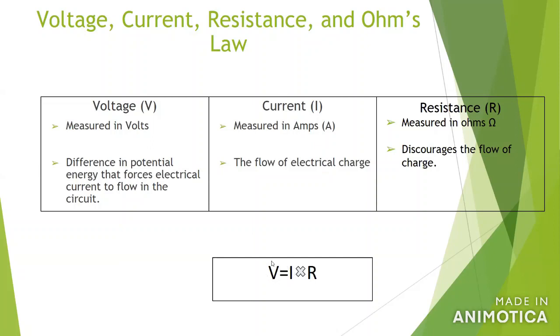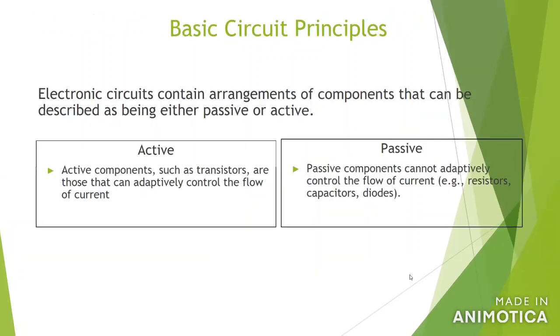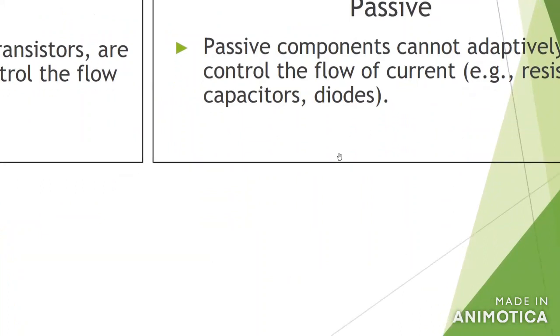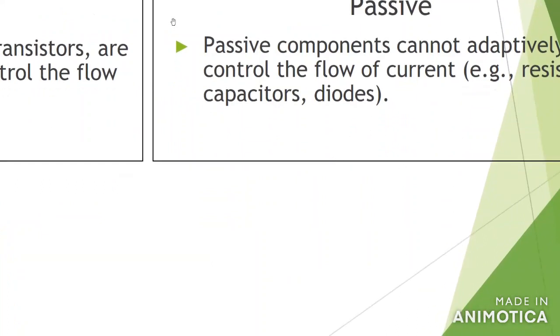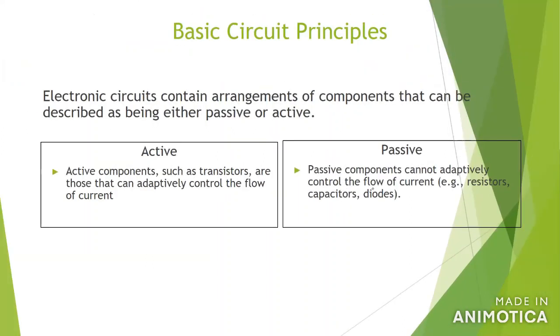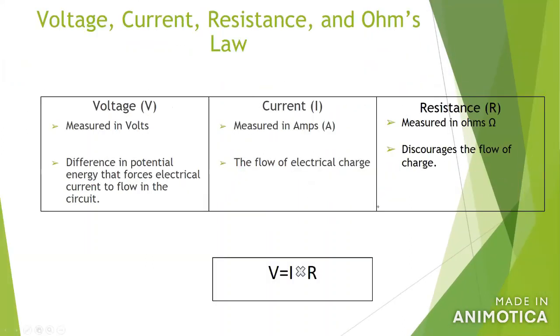For example, if you know the voltage and the resistance and you want to figure out the current, you use I = V / R. Okay. Let me try.